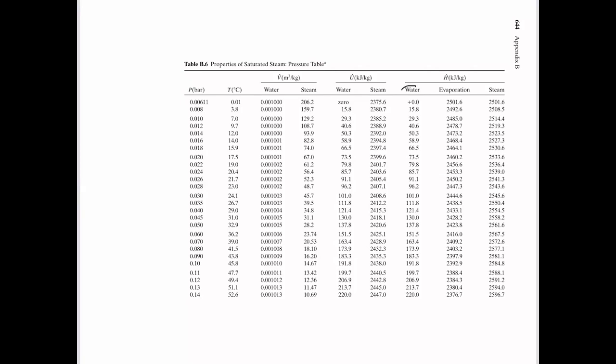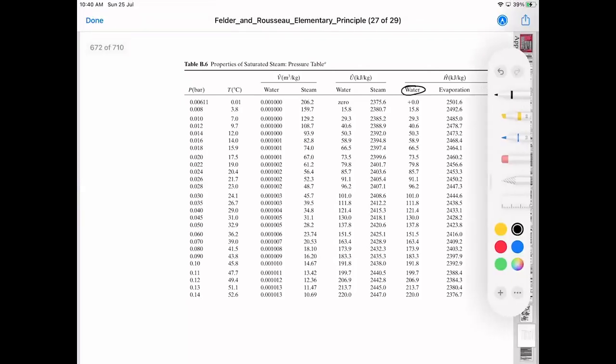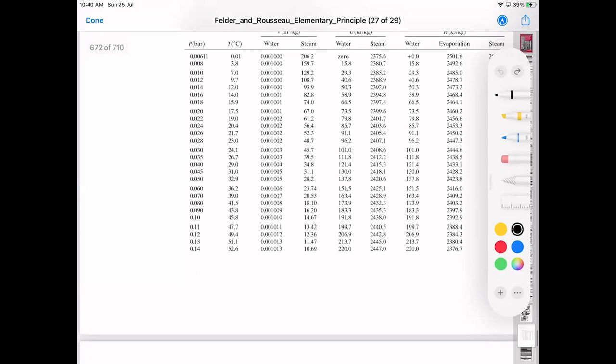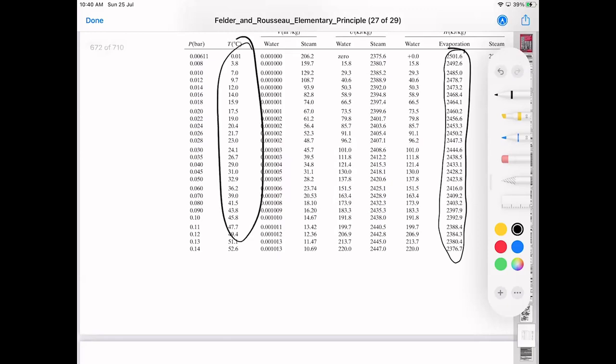This value is your HF, this is the HFG value, and the last column, the steam value over here, is the HG value. Now you can see how these values are decreasing as the temperature is increasing.